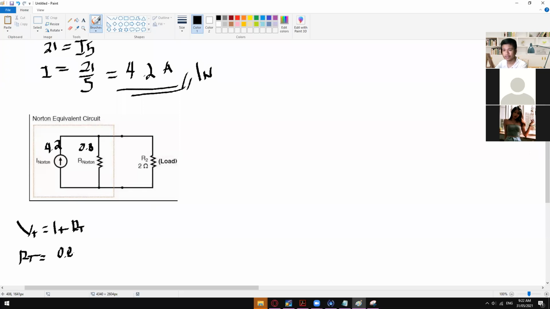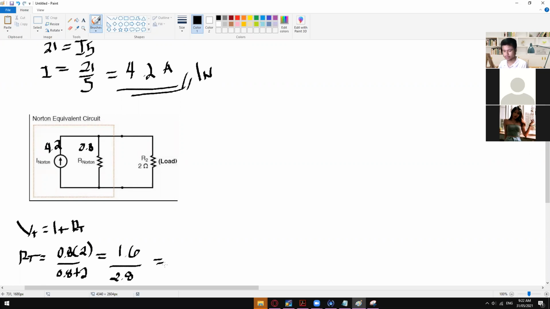So that's 0.8 times 2 divided by 0.8 plus 2. So 2 times 0.8 will give us 1.6 and then 0.8 plus 2 will give us 2.8.